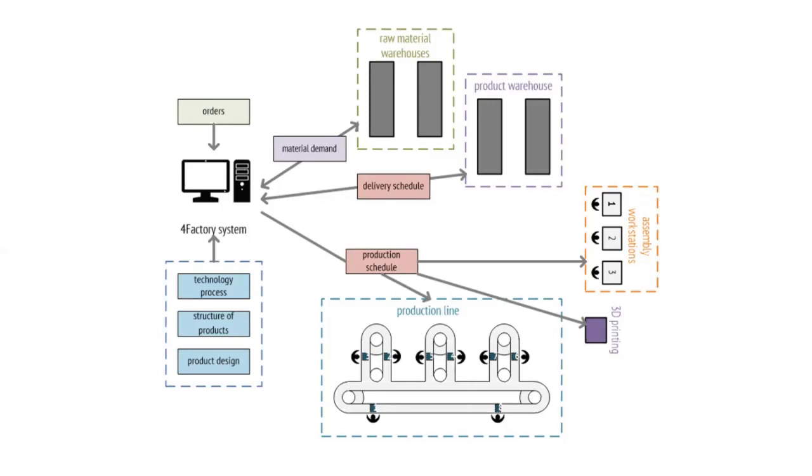Again, it works in connection with orders. And the product schedule goes to the production line from the orders received to the computer, goes to assembly workstations, and goes to 3D printing if needed.